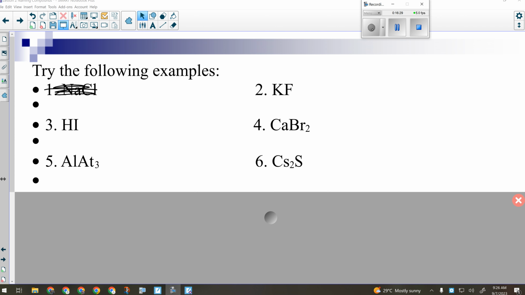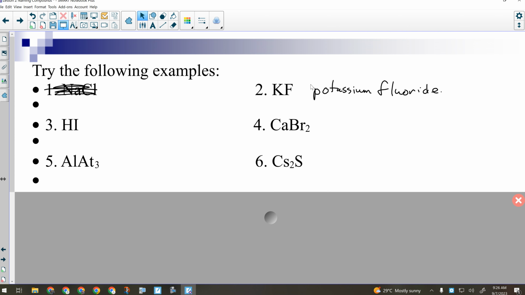Looking at number 2, what would I have for a name for KF? Potassium fluoride. What about number 3?